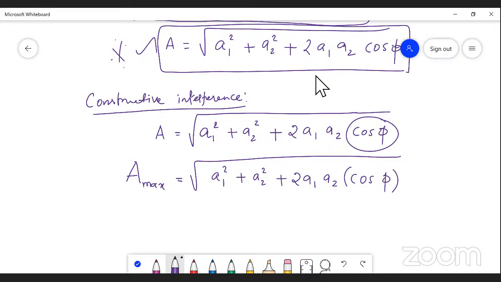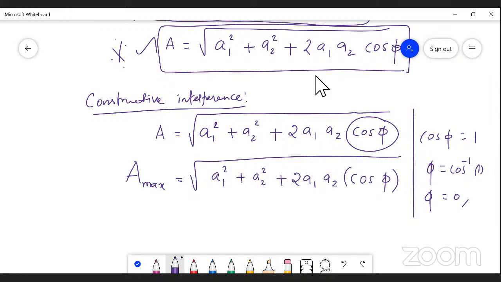The maximum value of cos phi is equal to 1. When cos phi is equal to 1, phi is equal to cos inverse 1. What is this? Phi is equal to 0.